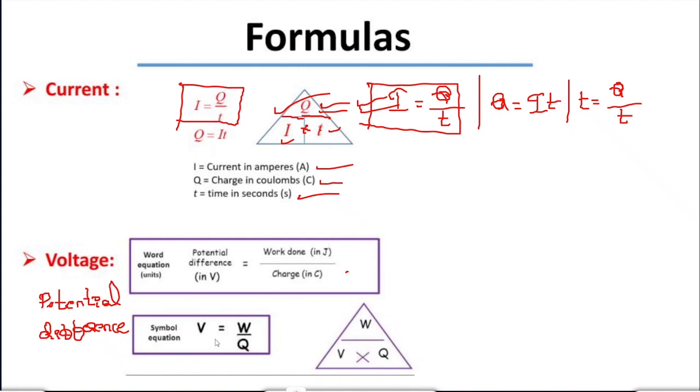We can write this as V, voltage, is equal to W by Q. The same triangle trick works here: V is equal to W by Q, W is equal to V into Q, and Q is equal to W by V. Got it? This is how we can change all the formulas.